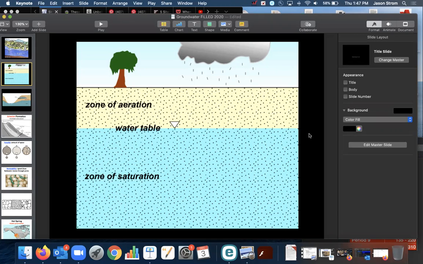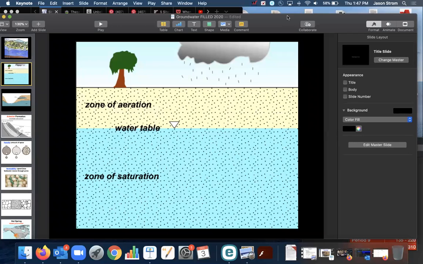So in more rural areas, so places not in the city where people just have city water, some people have to have wells. So they have a company come out and they drill down into the ground and they attach a pump to it, and they drill down deep enough to get into the zone of saturation, so when they turn it on the water comes out.